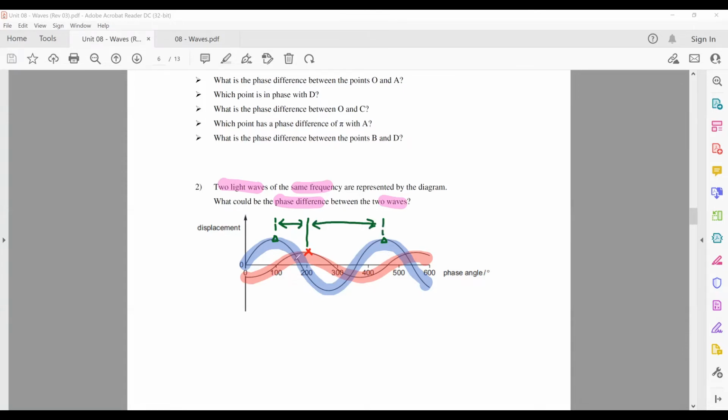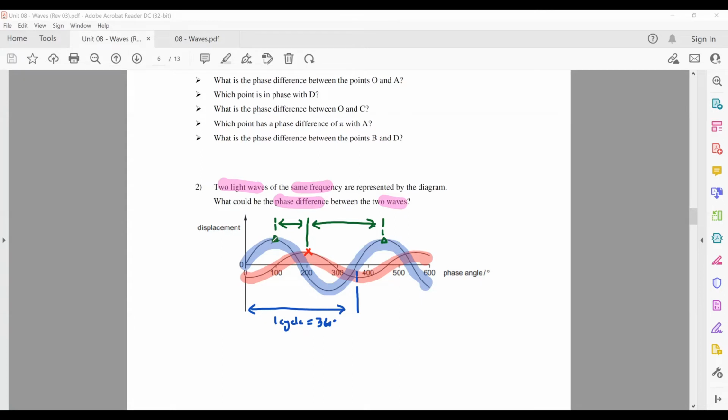This one is my phase difference. So how would I find out what the phase difference is? Now you see this part here is 1 cycle. If you just look at the blue colored wave, this is 1 cycle corresponding to 360 degrees.